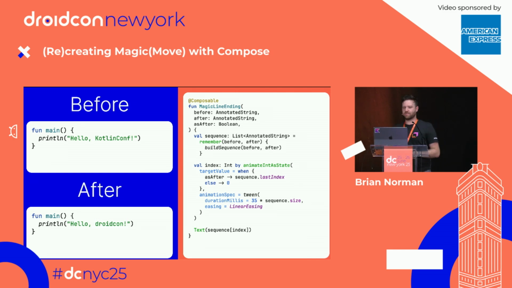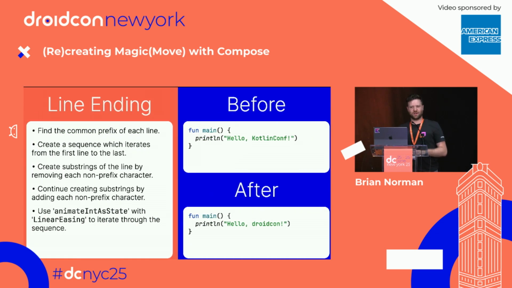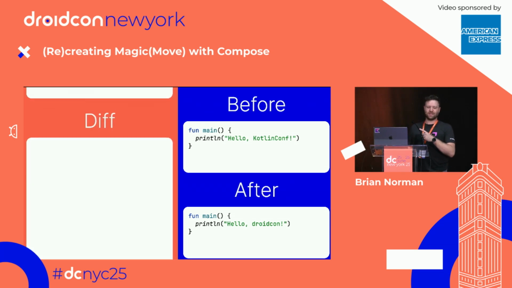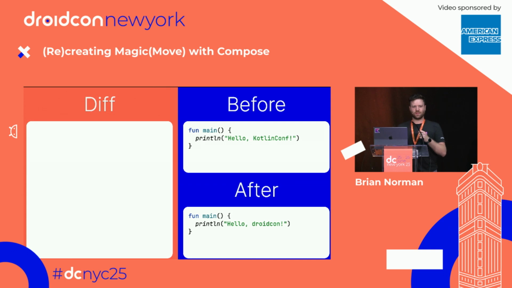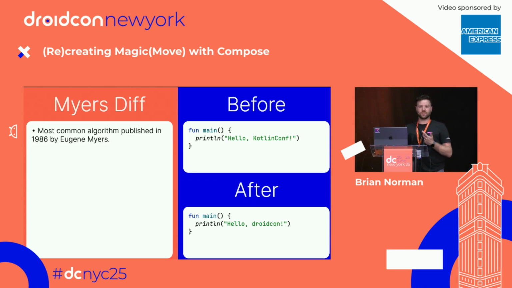We didn't have shared transition layout in Compose Multiplatform last year, so this is what I did. But now we have shared transition layout in Compose Multiplatform, so we maybe need a diffing algorithm, right? We want some way to dynamically say, what is the difference between these two strings? Well, the most common that you'll find is Myers diff. This was published in 1986 by Eugene Myers.